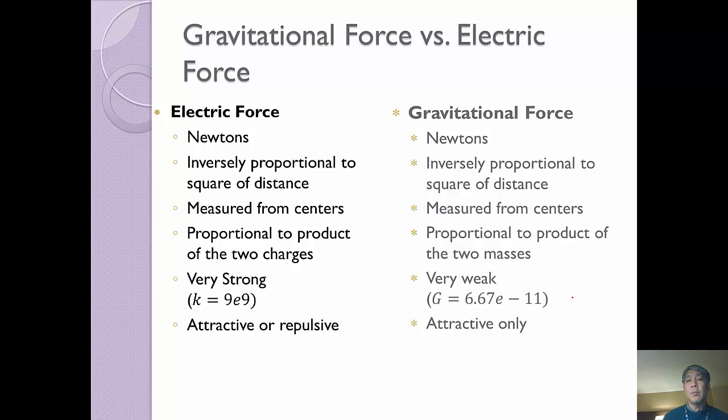So you could claim that the electric force is not 20 times stronger, but 10 to the 20 times stronger than the gravitational force. And the last point I want to make is the electric force can be both attractive or repulsive. The two charges can actually repel each other. The gravitational force, on the other hand, is only attractive. Okay, thank you very much.